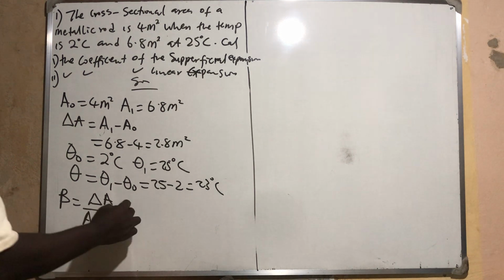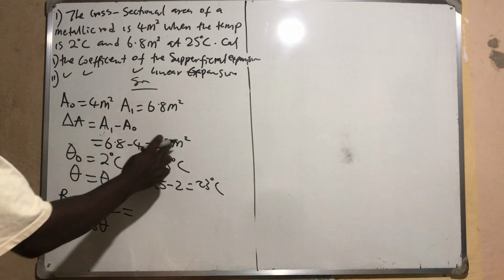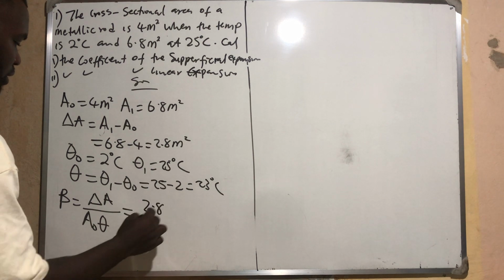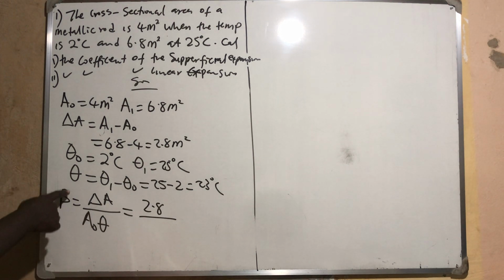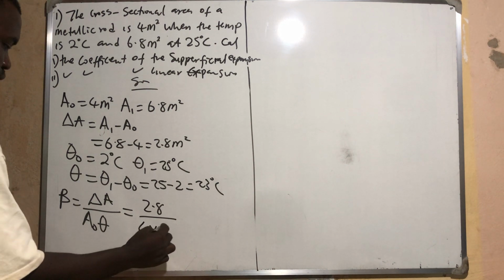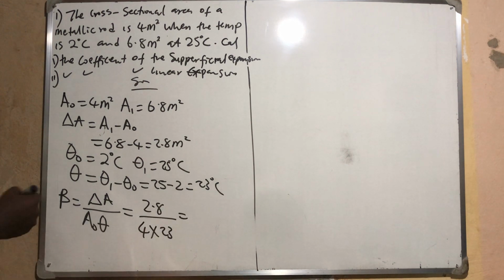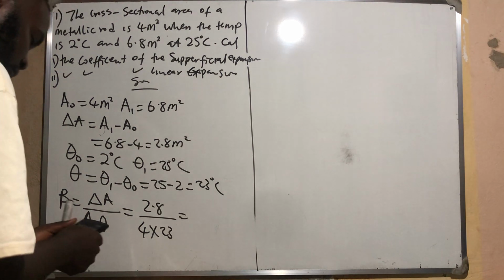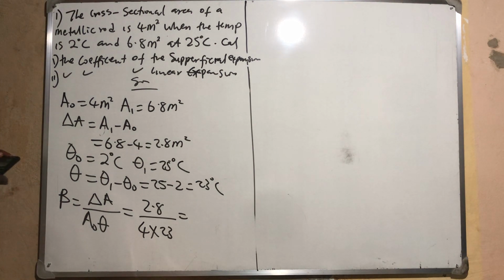Very simple. So let me now put it. Change in area, I have gotten it as 2.8, all over the original area, which is 4, times the change in temperature, which is 23. So you will now have 2.8 divided by 4 divided by 23.